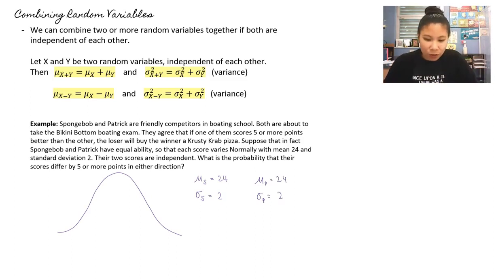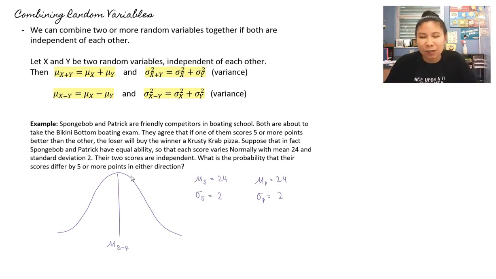Okay, and so we're trying to find the difference in their scores. It says, what is the probability that their scores differ by 5 or more points? So we are subtracting their two means to see the difference between their scores. When I find the mean here, I'm really doing the mean of SpongeBob minus Patrick.